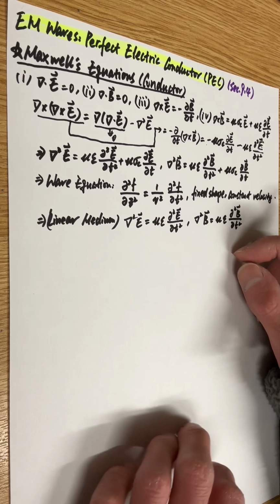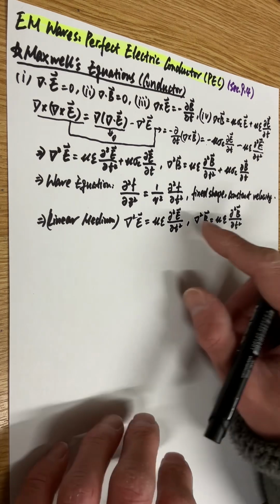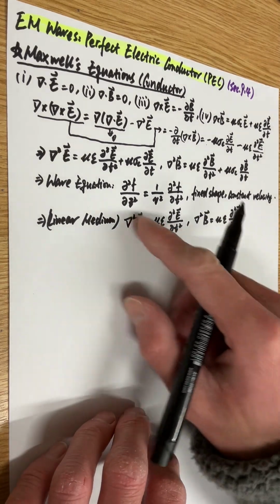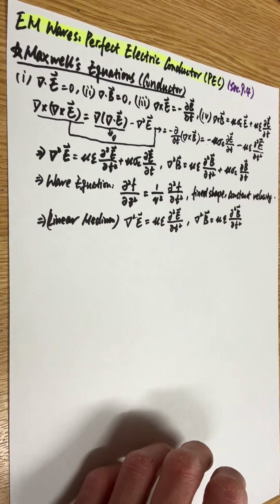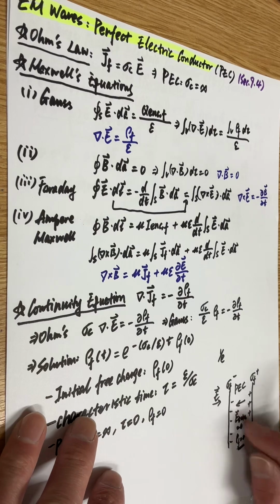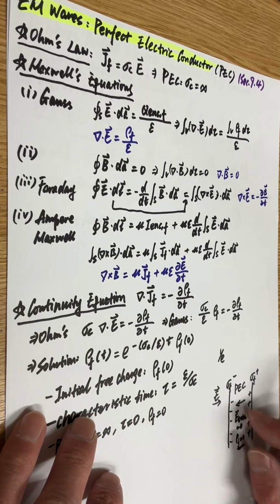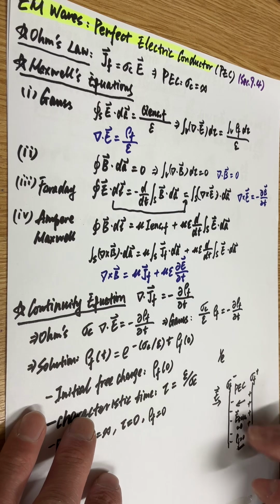So that's really special about conductor. Actually, what it means is that when a wave enters a conductor, obviously if it's a perfect conductor, there will be attenuation very quickly.